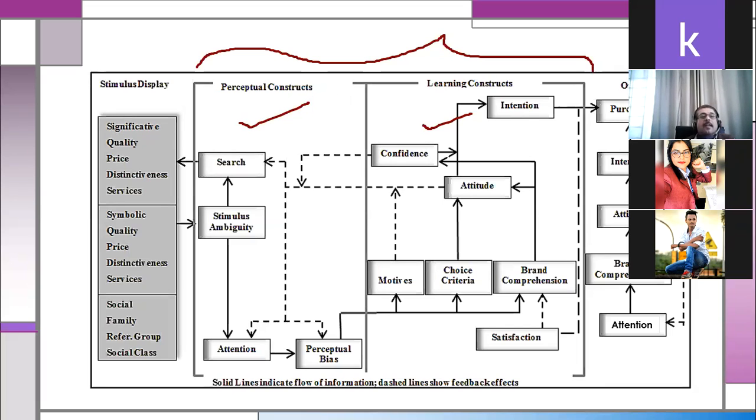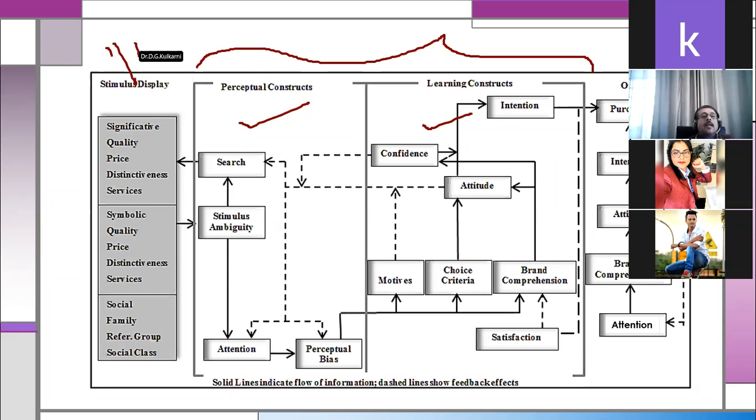You can see this line here. This itself shows that there is a marked difference between the Nicosia model and the Howard Sheth model. In the Howard Sheth model, you have got perceptual constructs and learning constructs. Okay, very right. So these are the important things that you require to remember. In every model, input is there. This is the input.